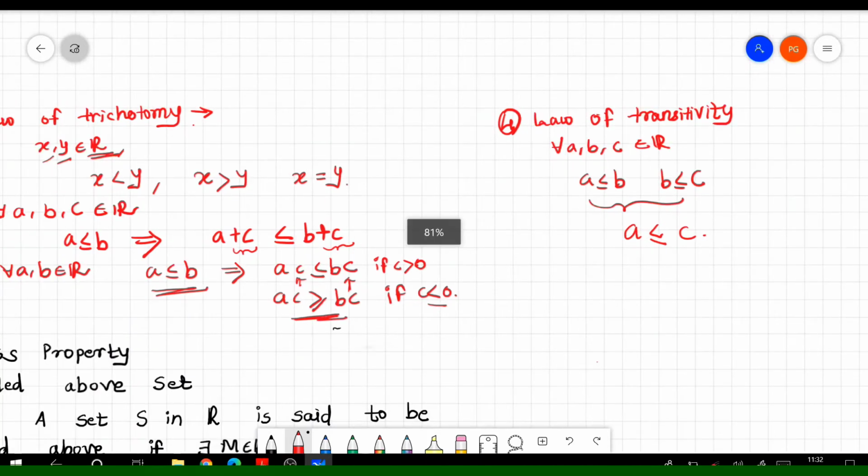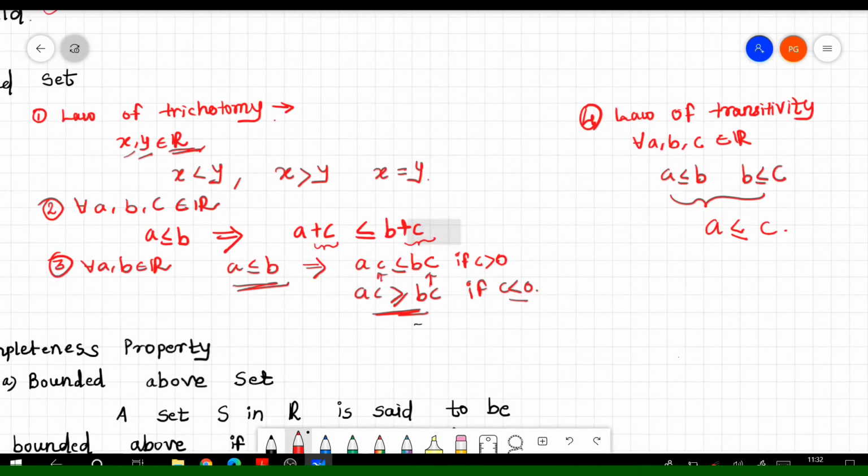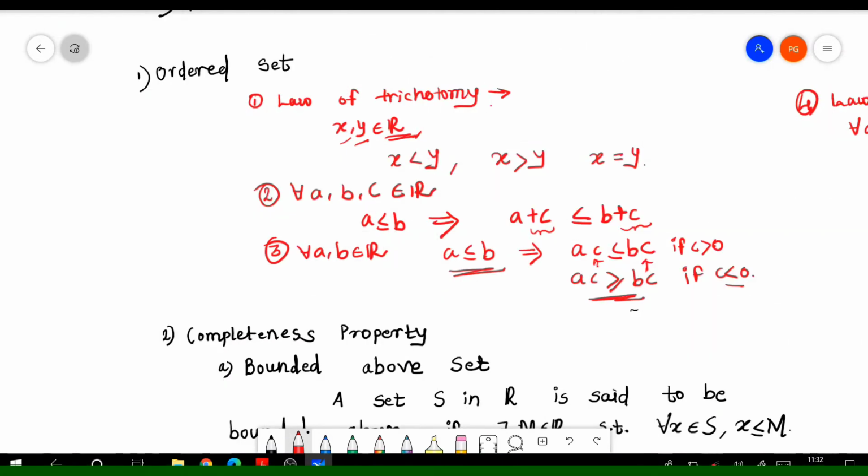So when we say that R is an ordered set, R satisfies all these four properties.